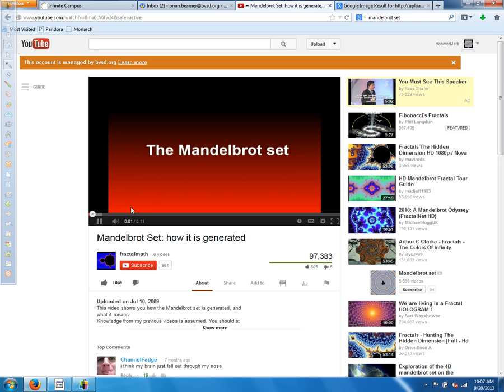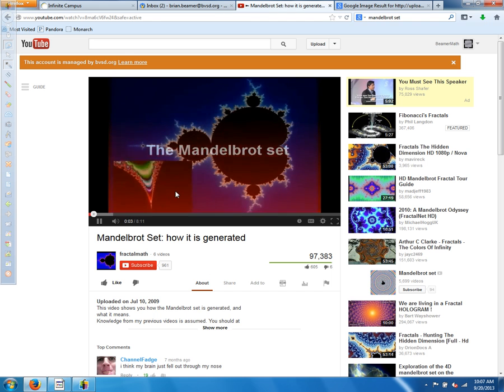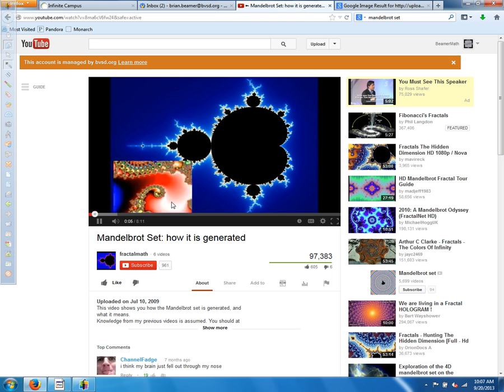So down in the corner we're zooming into a smaller section of the complex plane. Somewhere in here, and we're just zooming into a smaller and smaller and smaller piece of the complex plane, doing that same process that I talked about with the z squared plus c, coloring the points depending on how quickly they go to infinity.